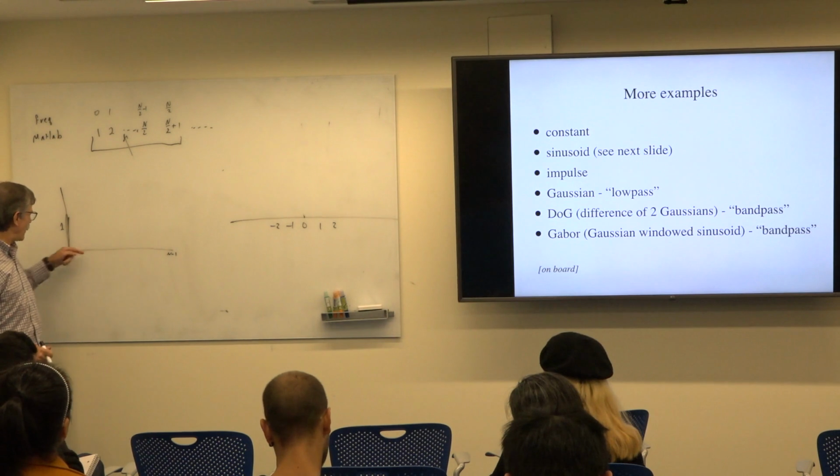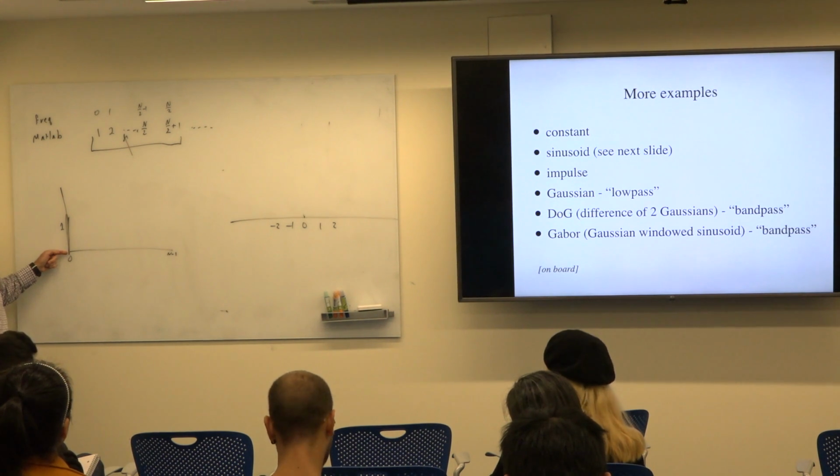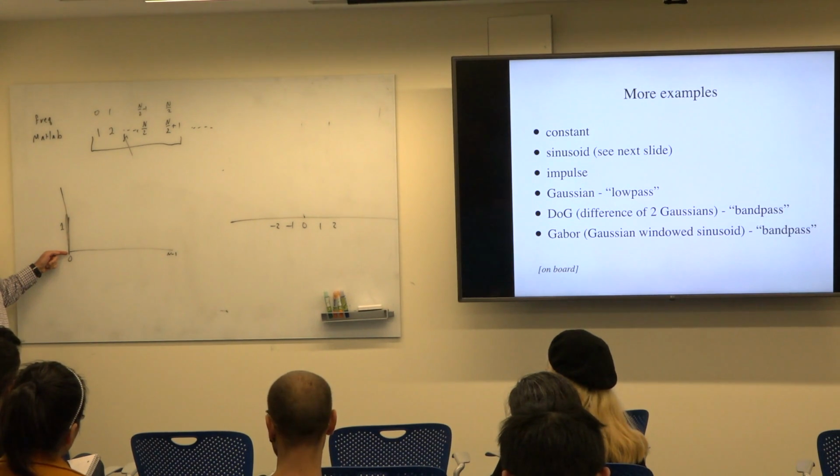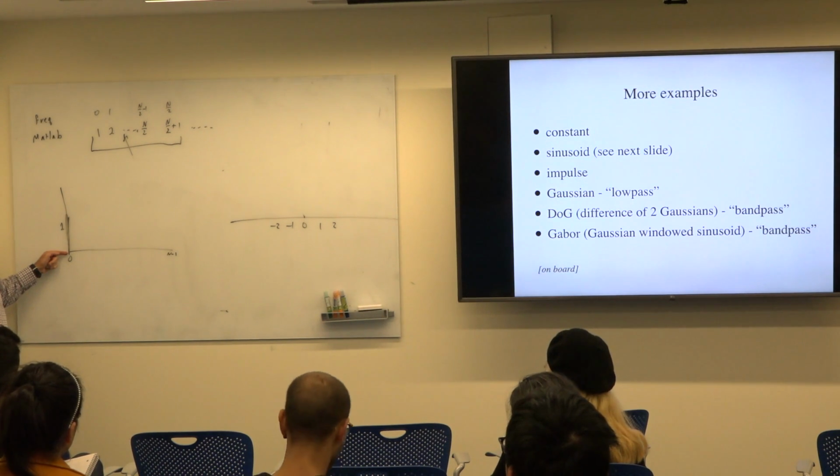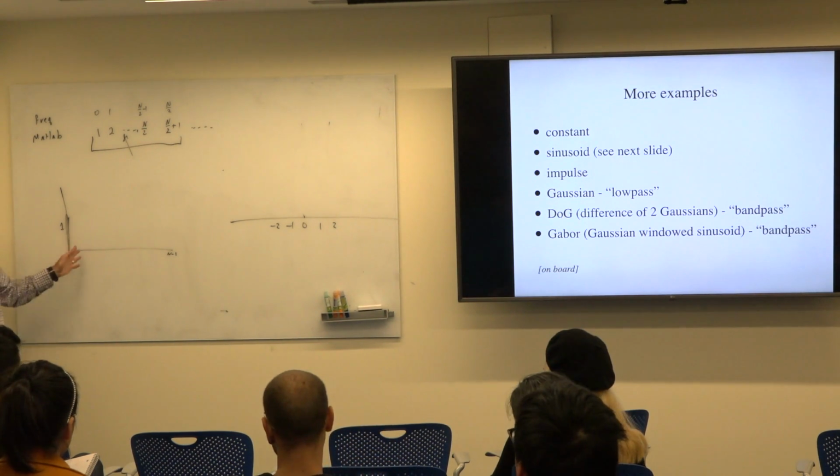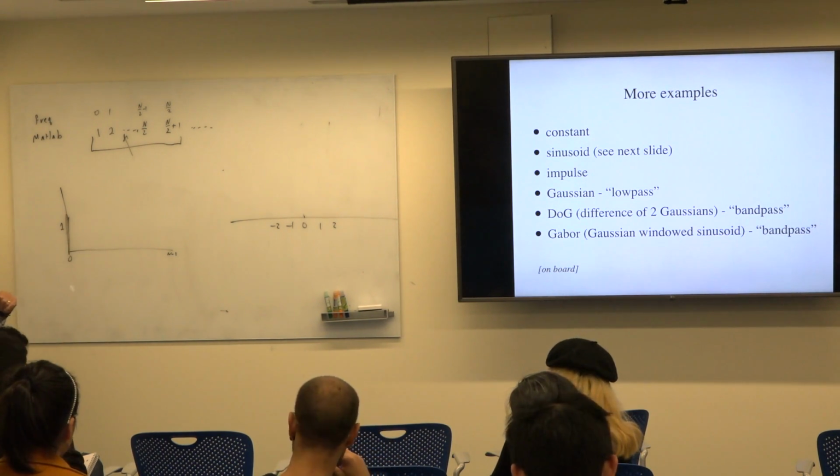It is 0 everywhere except right here, at position 0. Which means every sine dotted with this will give you what? 0. Why? Because sine of 0 is 0, no matter what the frequency is. It's the only place you could get a dot product, because this thing's 0 everywhere else. So all the imaginary parts are 0.